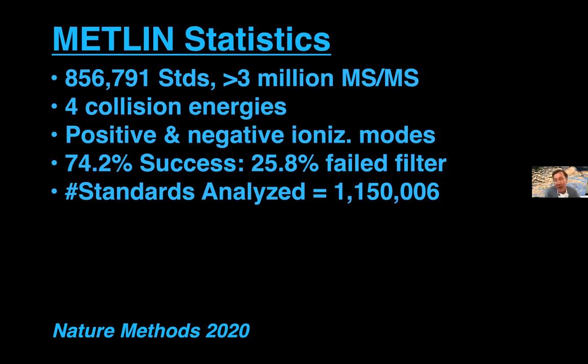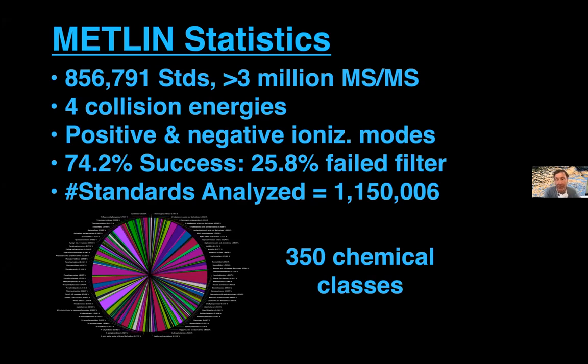We report only 850,000 because we've only been successful there, and we've filtered out the remaining roughly 300,000 or so molecules, because the molecules didn't reach our expectations in terms of data quality. And we have roughly 350 chemical classes.